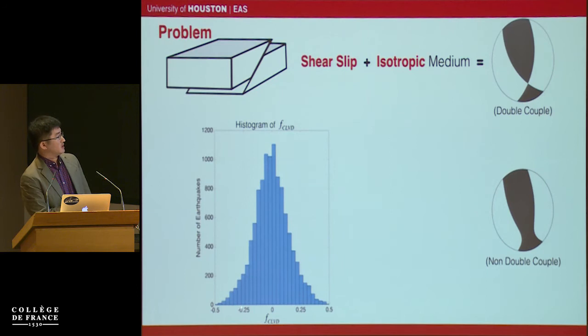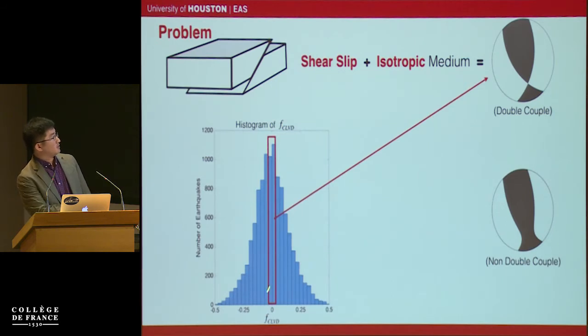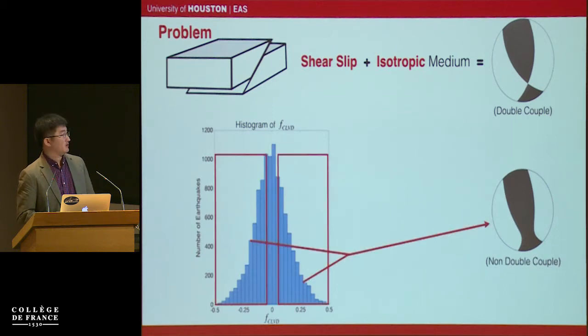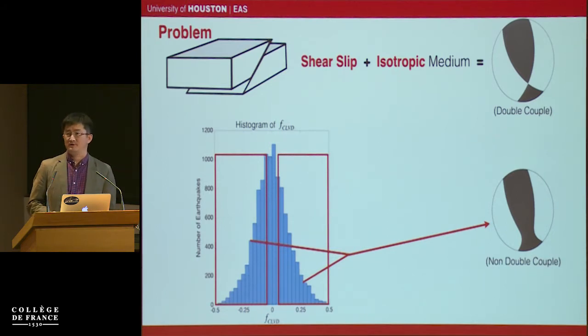If CLVD is non-zero, it's non-double couple. So you see a lot of double couple events, which corresponds to zero departure from double couple in this diagram. But we also have a lot of non-double couple events, and if you add them all together, they are a significant number.